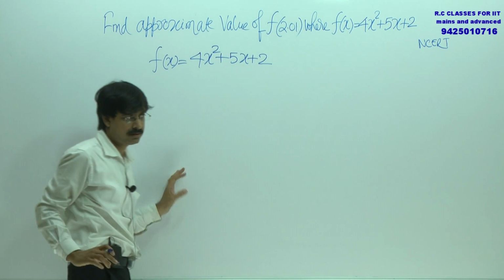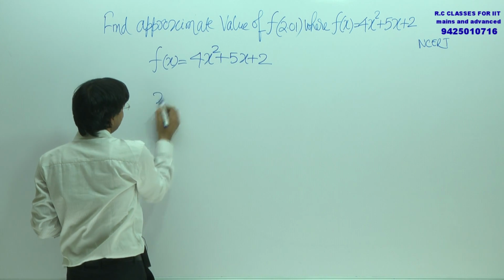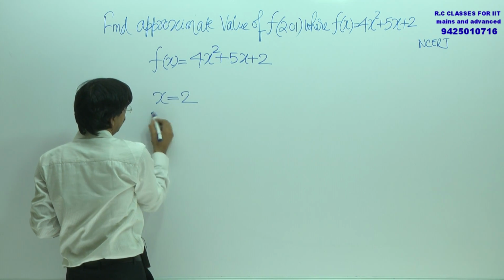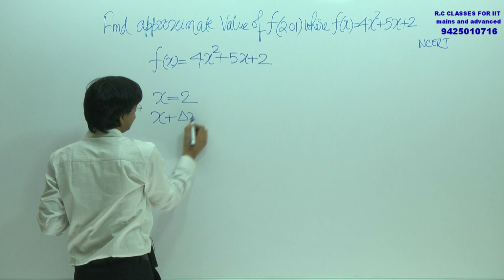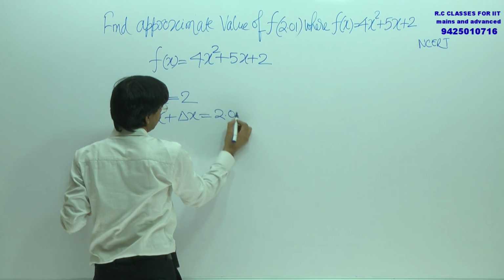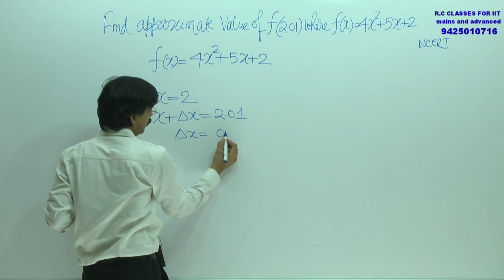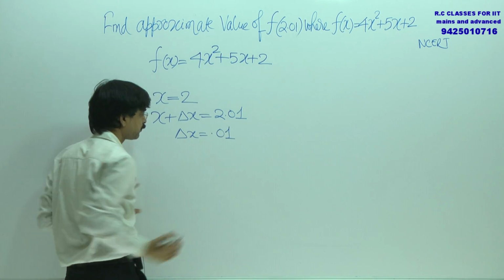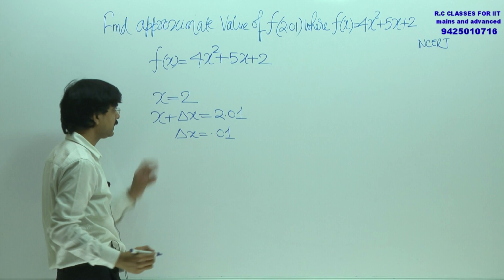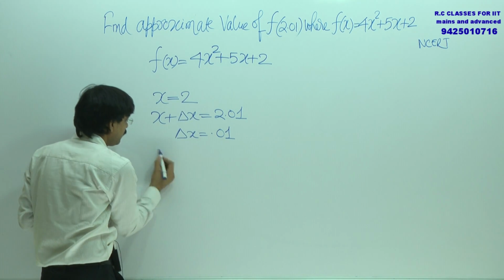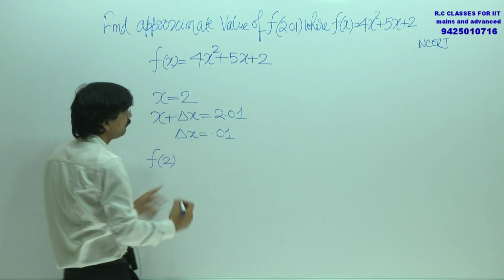Since 2.01 is required, we take x equals 2, and x plus delta x is 2.01. So clearly delta x is 0.01.